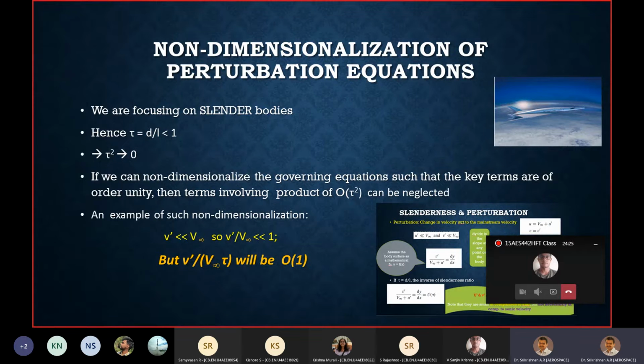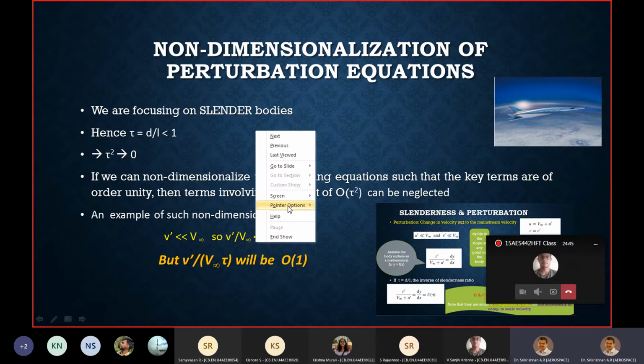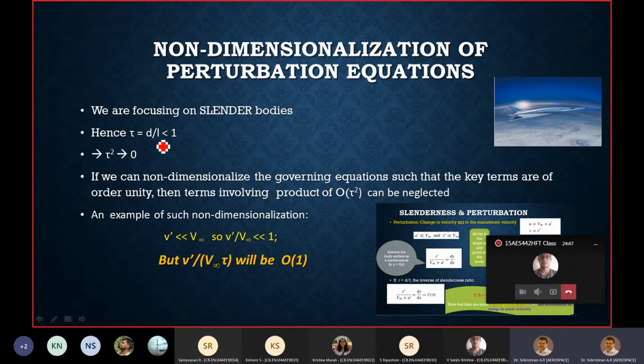We will first focus on the slenderness, or the inverse of slenderness, tau, d by L, which is less than 1. That is, the diameter, the transverse dimension, divided by the length dimension. It has to be less than 1 because we are assuming slender bodies.